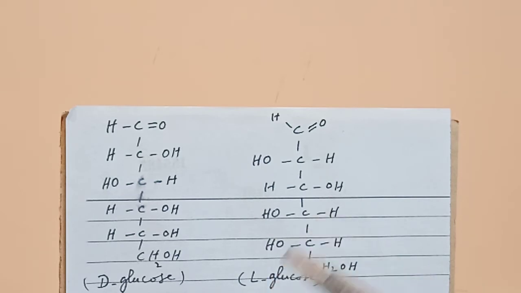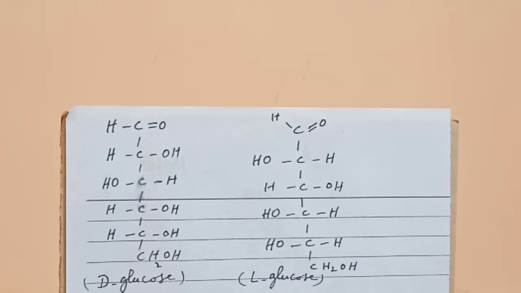So basically this is the concept of D and L sugars. The main thing is that there will be no change in the physical and chemical properties of these two isomeric compounds, and their degree of optical rotation is also exactly the same, 140 degrees, but in opposite direction. This is a very important thing.